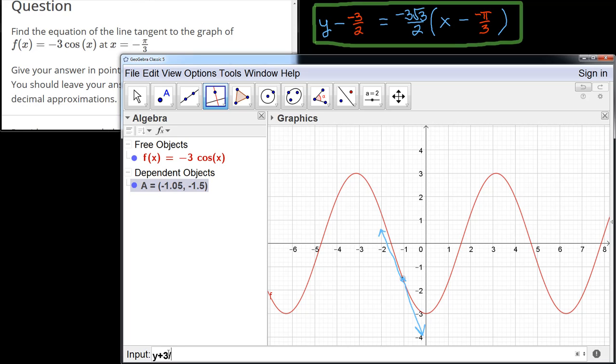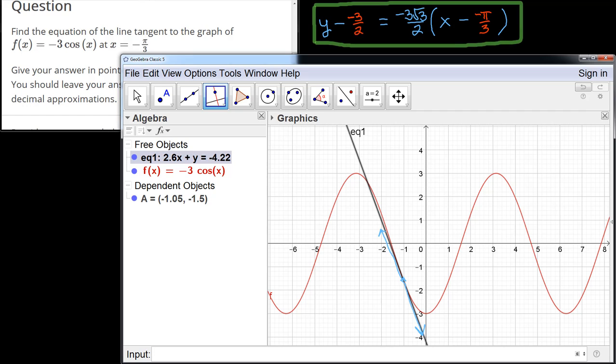So y plus 3 over 2 is equal to, and then I've got a negative 3 times the square root of 3, and then we divide by 2, and then we multiply that by x plus, so again it's a double negative, so I'm just going to make it a positive. X plus pi over 3.